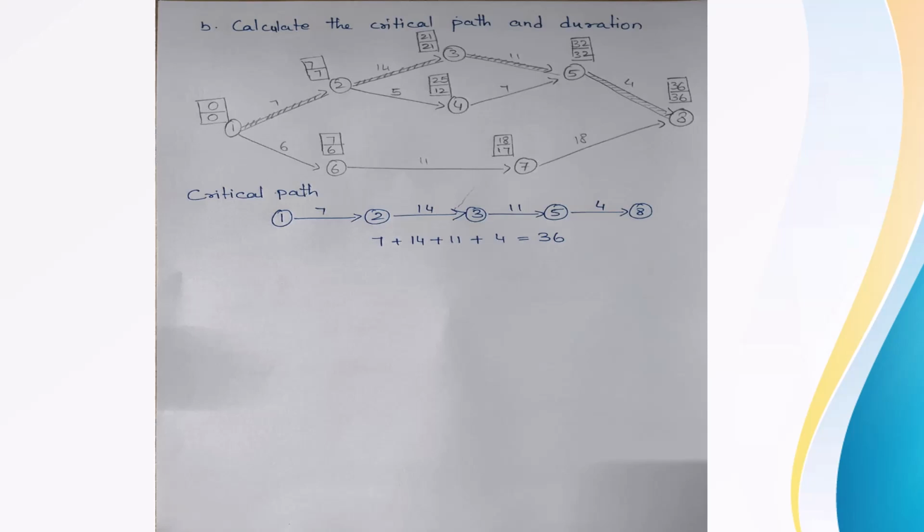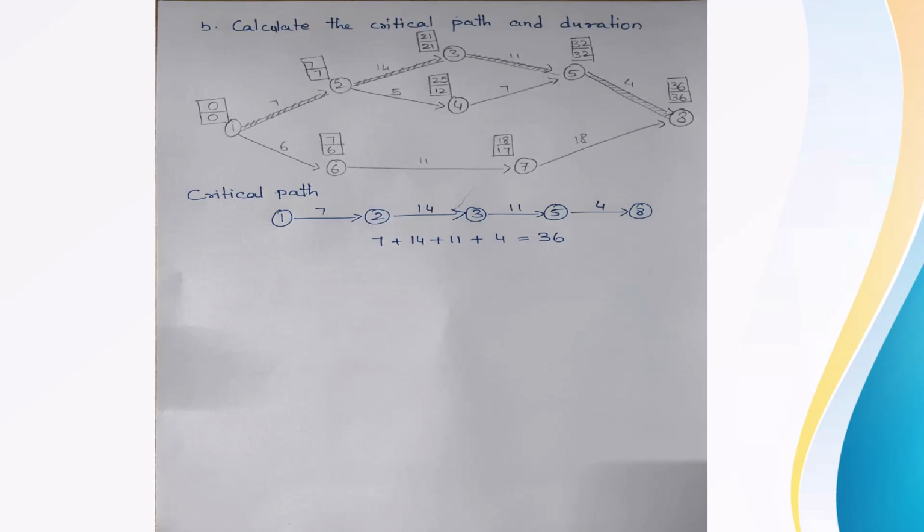As I told earlier, whenever there is a tie, you have to take the maximum value. So 32 plus 4 is 36, and 17 plus 13 is 35. So 36 and 35, which is the maximum one? 36. So the EST of activity 8 will be 36.